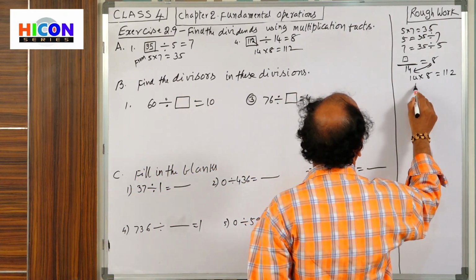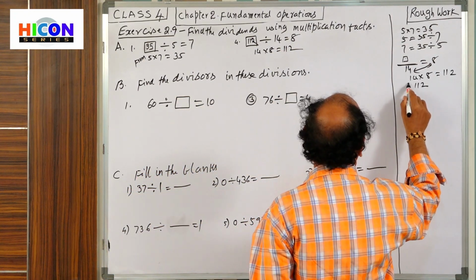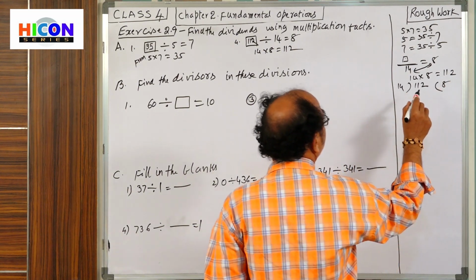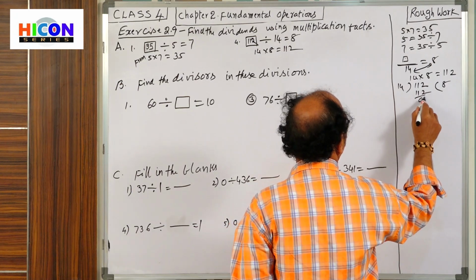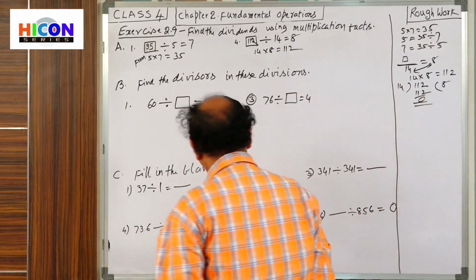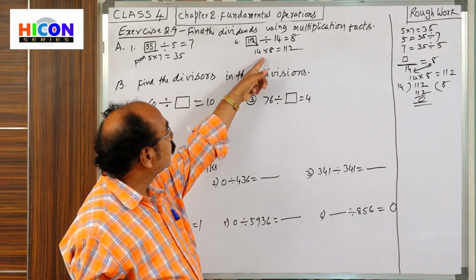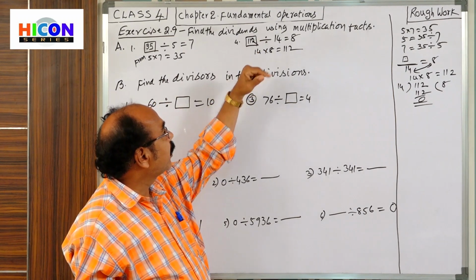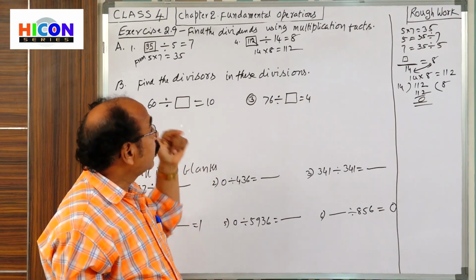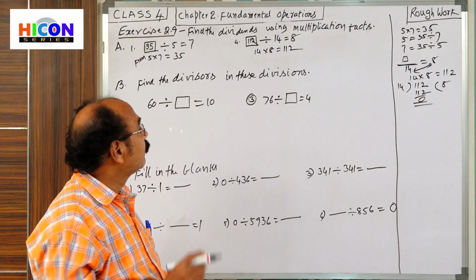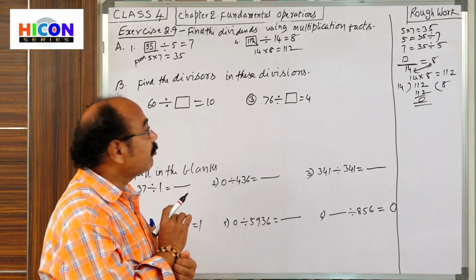From the multiplication fact, that division fact was filled. In the box you write 112.